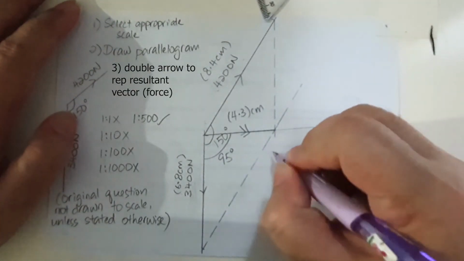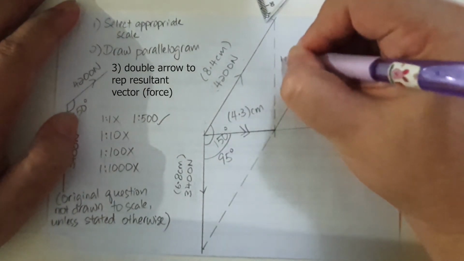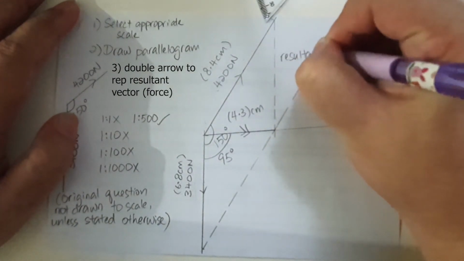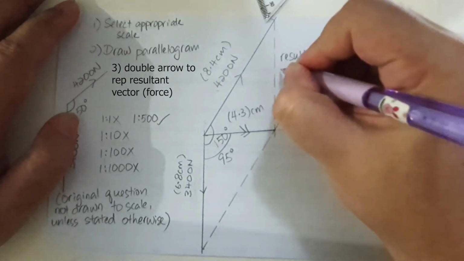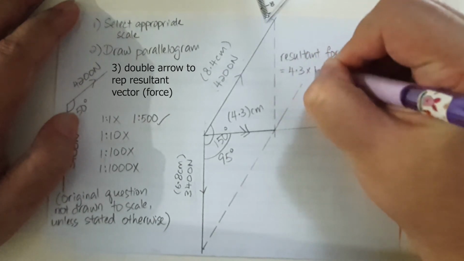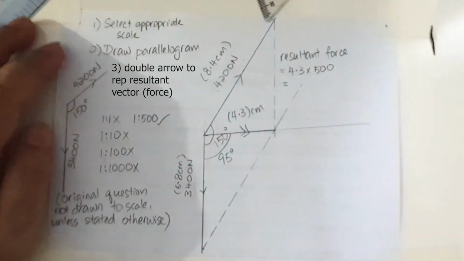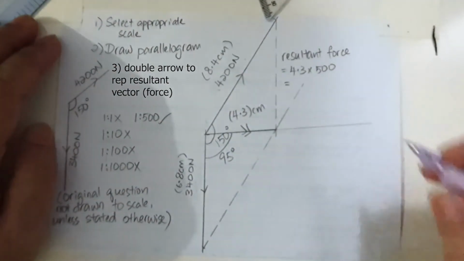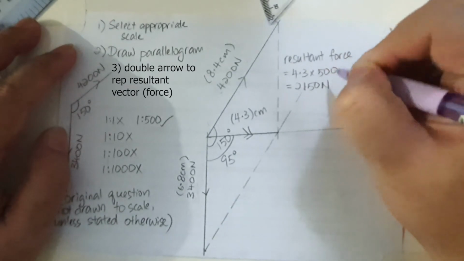Okay, and once I have the information, I now calculate the resultant vector. So I have 4.3 centimeters, I multiply it by 500 because my scale is 1 cm represents 500 newtons. So if it's 4.3 cm, I'll just multiply by 500. That'll give me 2,150 newtons.